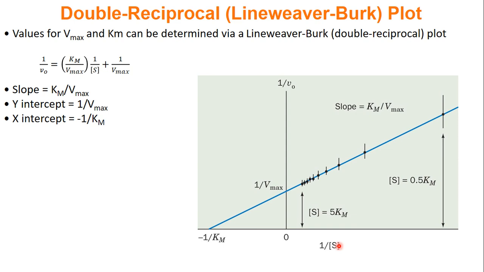When we do that, we'll see where we cross the y-axis. If we take the reciprocal of that number, it's Vmax. Where this point crosses the line is 1 divided by Vmax. And where we cross the x-axis is negative 1 divided by Km.